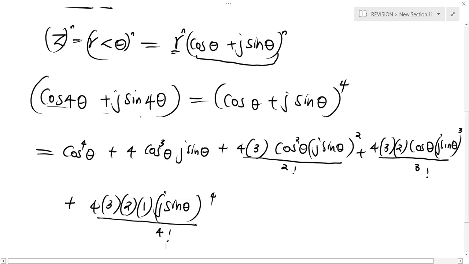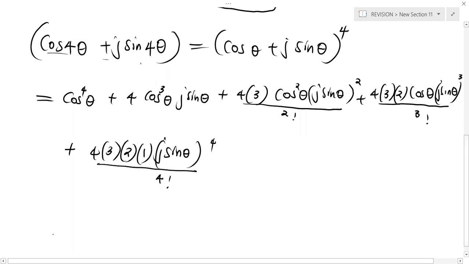Then we're going to simplify that expansion. This is going to give us cos⁴θ plus 4j cos³θ sin θ, and then 2 factorial cancels with it, you get 2, 2, and this gives us 6.